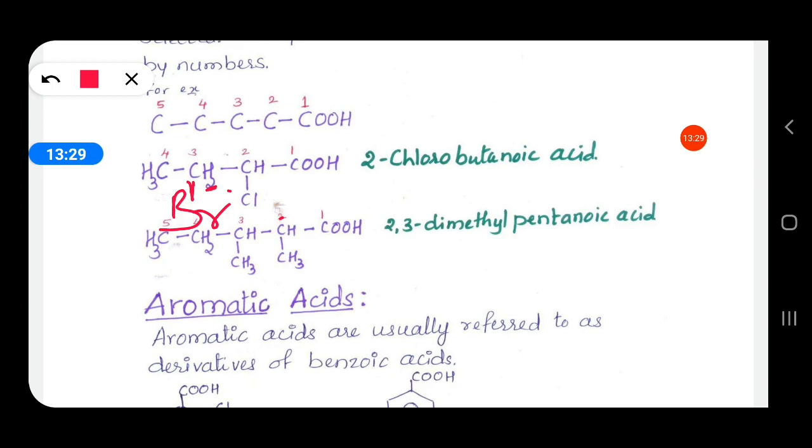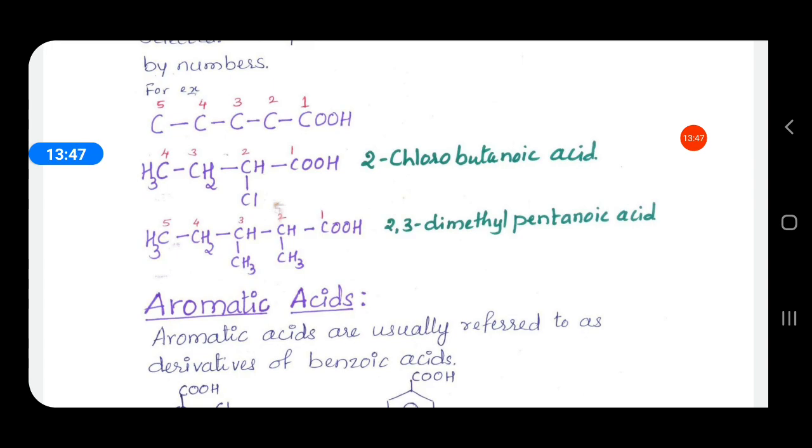Bromo alphabetically, B comes first. So it becomes 3-bromo-2-chlorobutanoic acid.